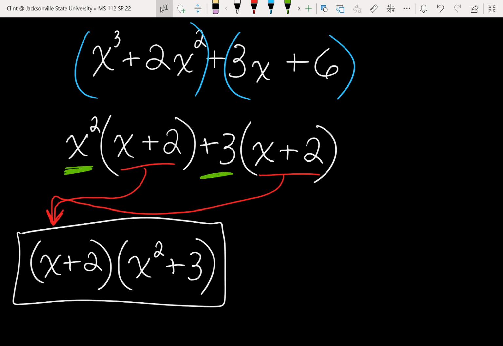See something with 4 terms, that's a good hint to try factoring by grouping. You can't do this just anytime you want to. If you've got 4 terms, you're not always guaranteed that when you factor out the common factor, your parentheses match. But sometimes we can.